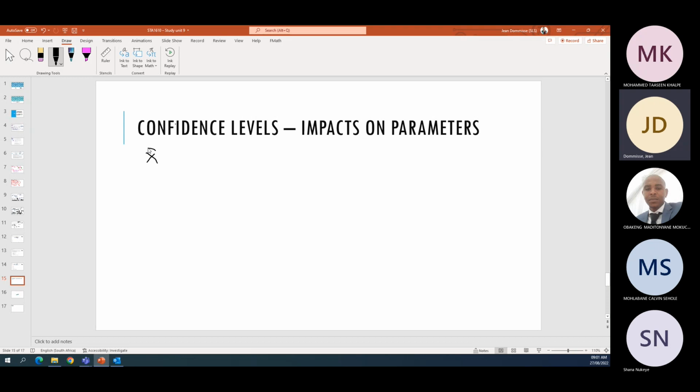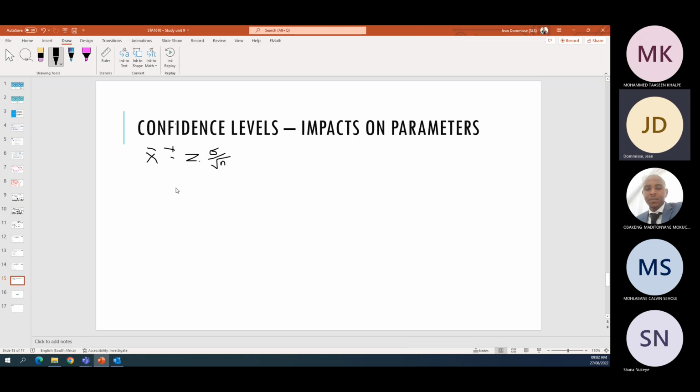Remember the confidence interval in study unit 8. It looks something like this, and there's one for proportion as well, but let's not worry about that for the moment.